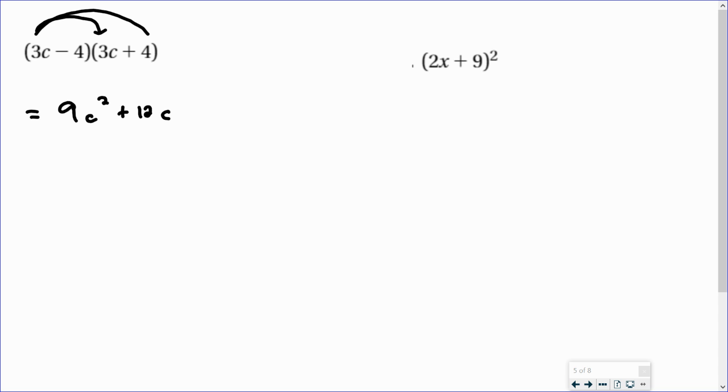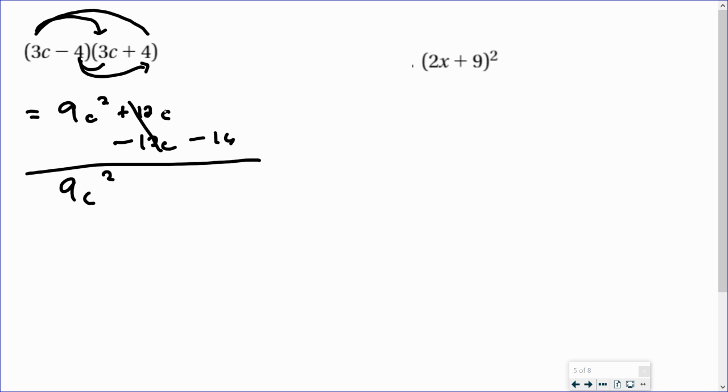Multiply numbers, add the exponents. -4 times 3c is -12c. -4 times +4 is -16. 9c squared, these two go away, -16.